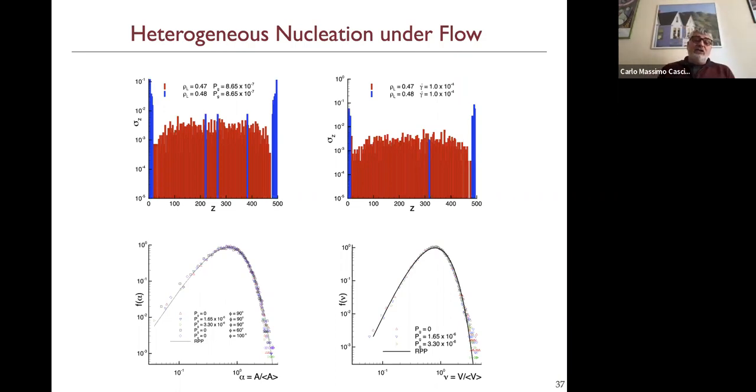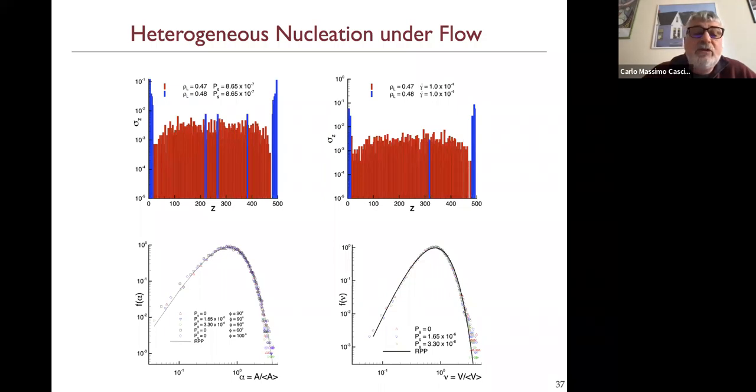The histograms shown over there count the number of bubbles that you nucleate at different distances from the wall. In these conditions, for the blue case, for which the density of the metastable liquid is 0.48 in reduced units, most of the bubbles are nucleated right at the wall.